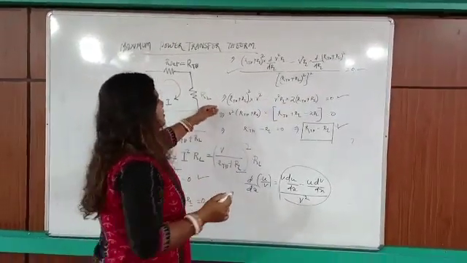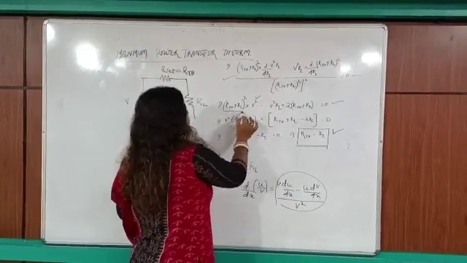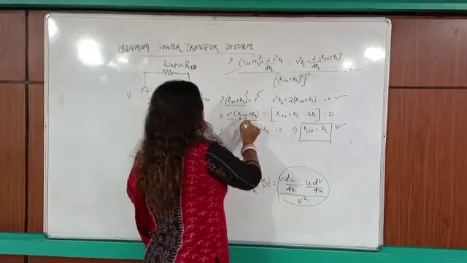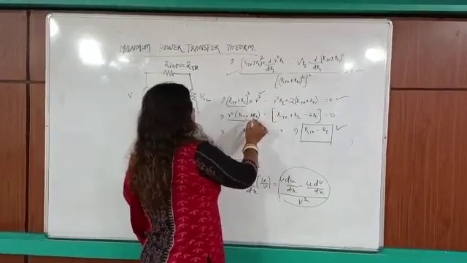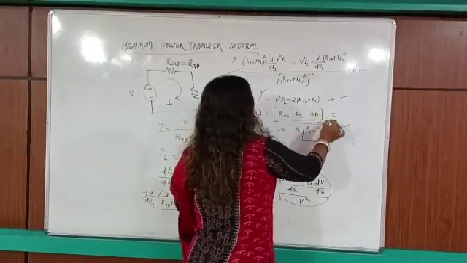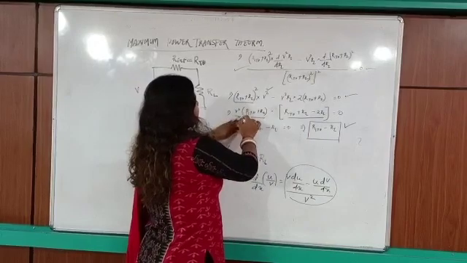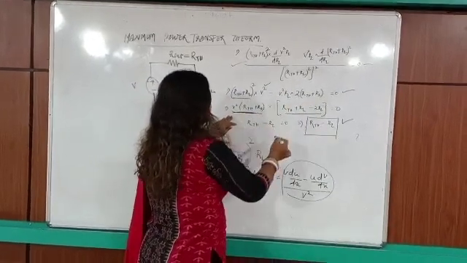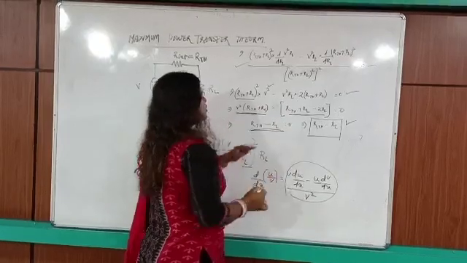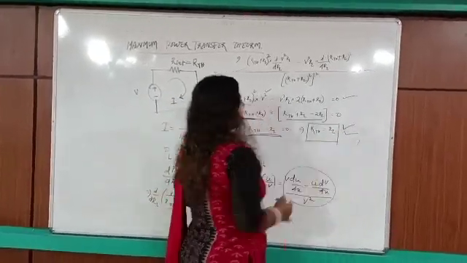Then we take V square and (RTH plus RL) common, and the equation becomes V square (RTH plus RL) into (RTH plus RL minus 2RL) equals 0. Dividing by the common term, the only remaining parameter is RTH minus RL equals 0, and it becomes RTH equals RL.